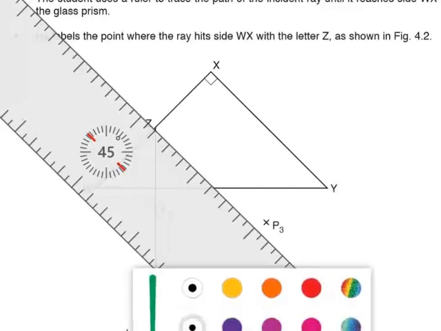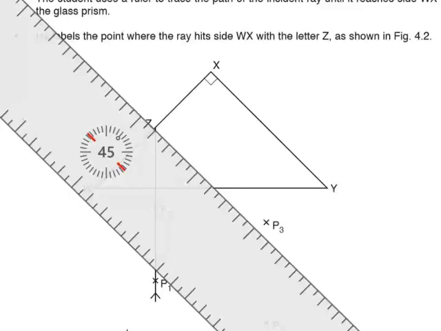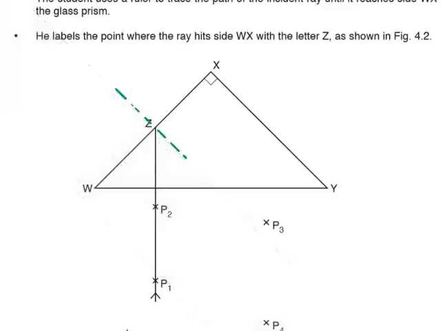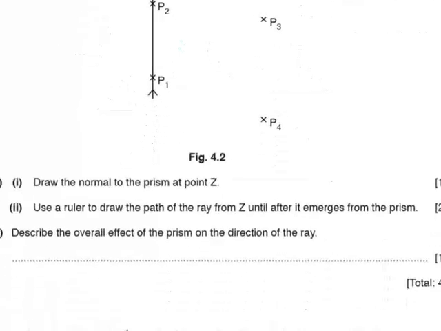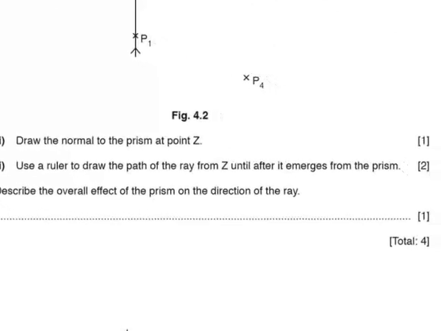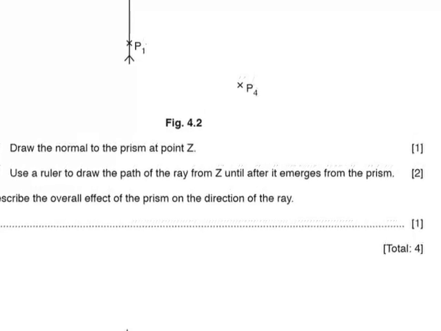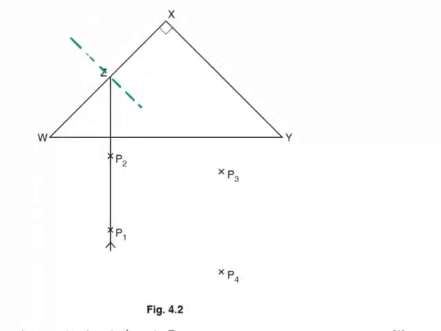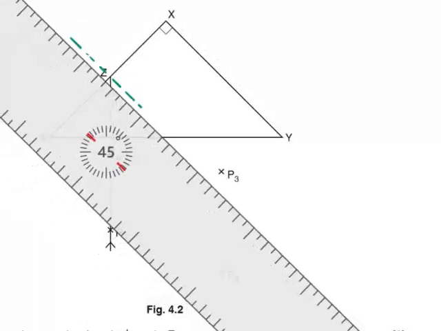I'll draw this one. So that will be your normal. Like I said last time, you don't have to make it long. That will be the normal length, and that will give you 1 mark. Then use a ruler to draw the path of the ray until it emerges from the prism. So the next one, you have to draw this one.